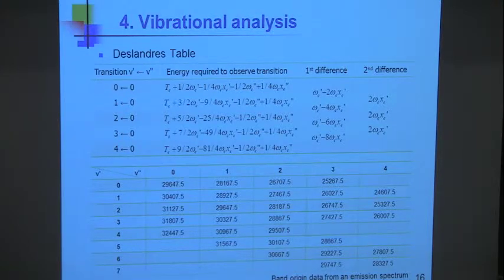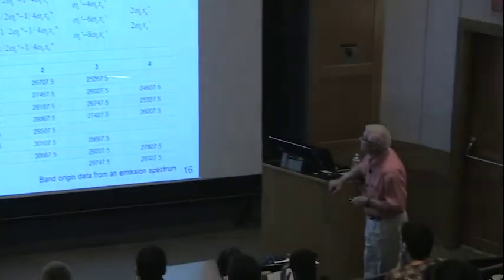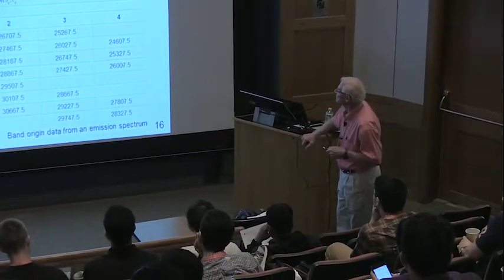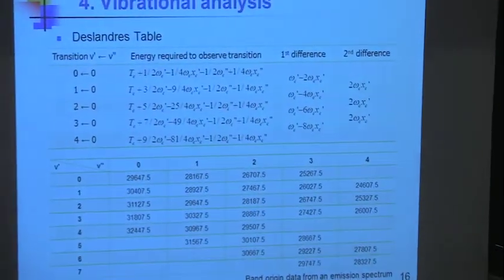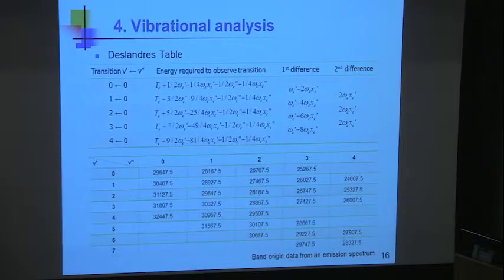Here's an example. Here's the table. Band origins for some air emission spectrum. Doesn't make any difference whether it's emission or absorption. The numbers are the same. So these are just the numbers that could be used in solving for any of these differences. The principle is the principle of constant second difference. So you use this for rotations, and you use it here again for vibrations.